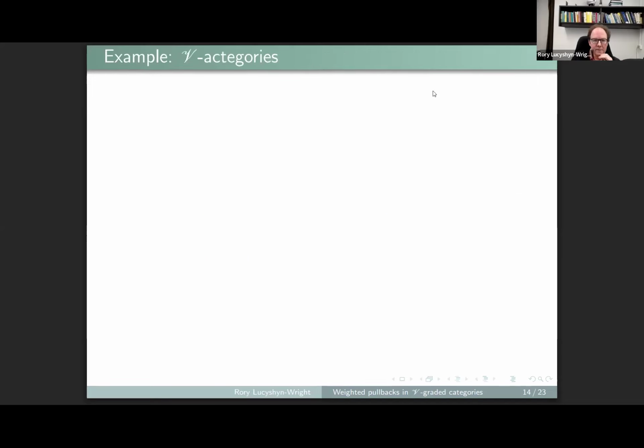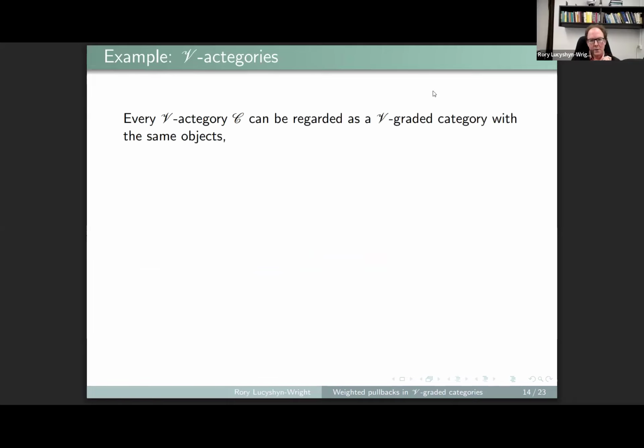Okay, so V-actegories give us examples of V-graded categories. Every V-actegory can be regarded as a V-graded category with the same objects, in which a graded morphism f from x comma a to b is simply a morphism.